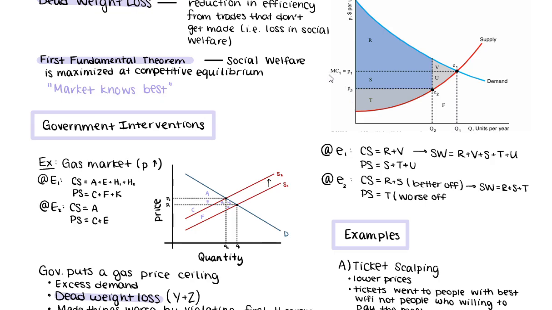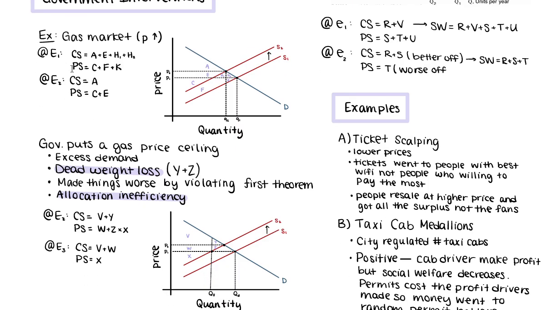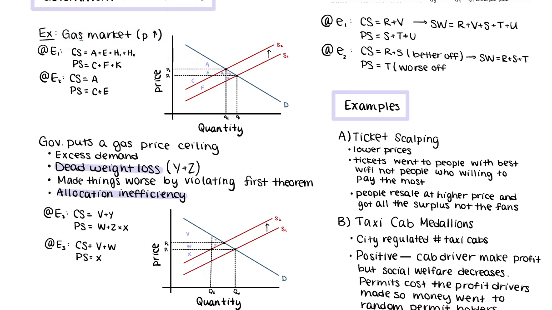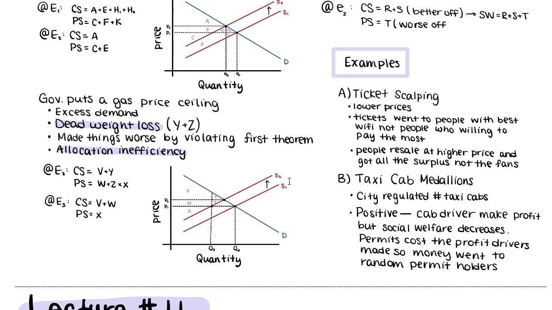So once the government intervenes, they have to sacrifice something. Government interventions, it's just what we taught. Put a price ceiling, and there will be excess demand because if the price is too low, the producer does not want to sell too much.